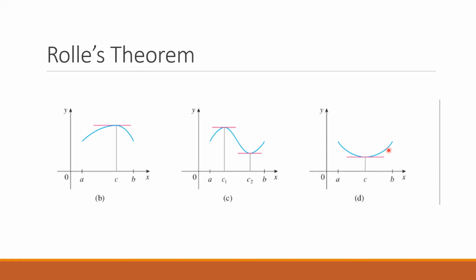In here I have it going down. I'm not sure if you noticed, but usually in Rolle's theorem we have an increasing then decreasing function, or a decreasing then increasing function. This is usually where you have a horizontal slope.